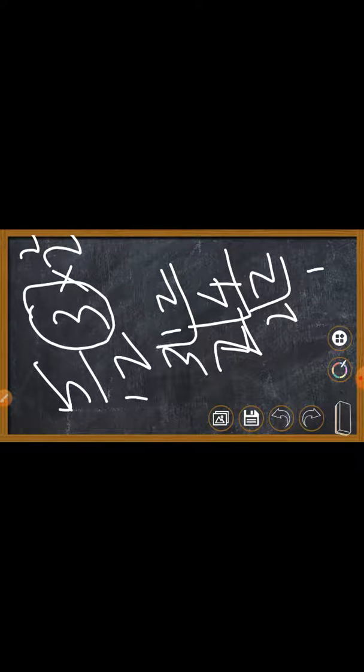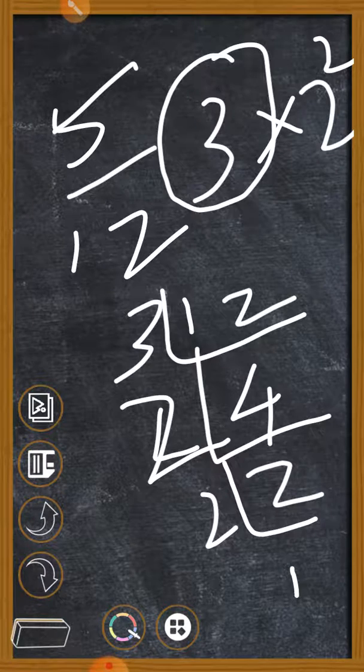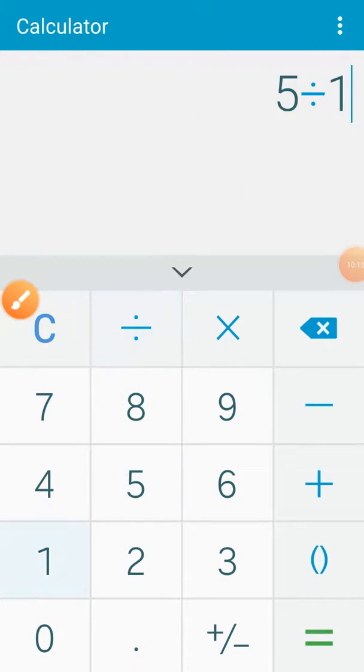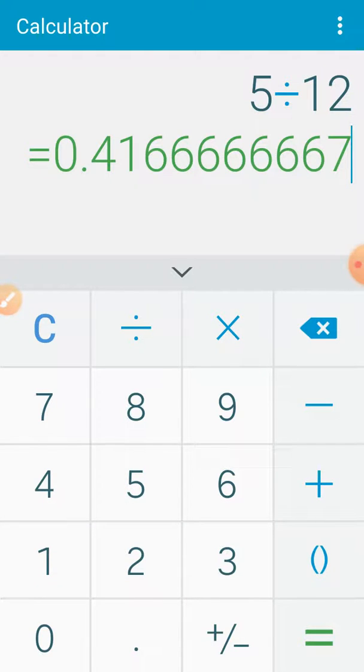So this one will turn out to be a non-terminating decimal, means never ending decimal. Now we will verify this in the calculator. 5 divided by 12 is equal to, as you can see, a never ending decimal. Understood?